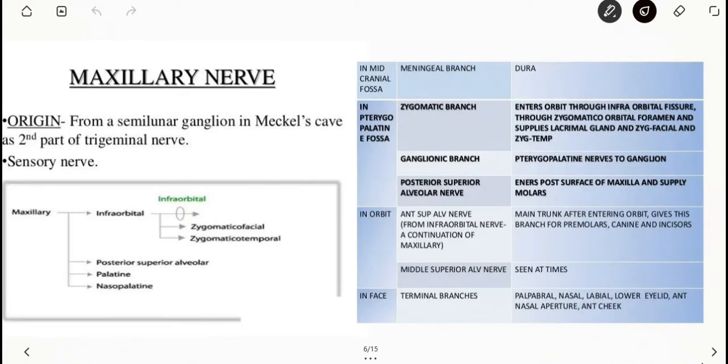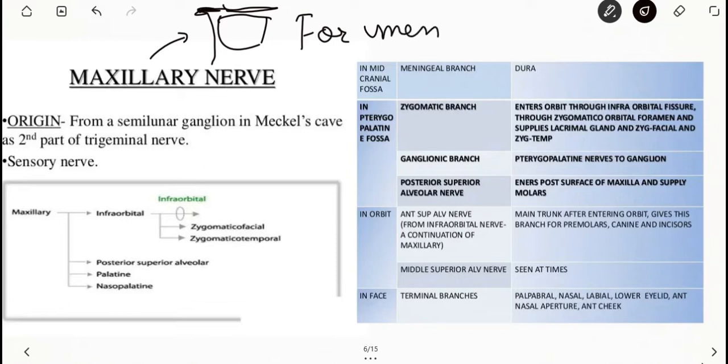The maxillary nerve arises from the trigeminal ganglion. So remember for your exam, the maxillary nerve arises from the trigeminal ganglion in the lateral wall of the cavernous sinus, below the ophthalmic nerve, and leaves the middle cranial fossa by passing through the foramen rotundum.